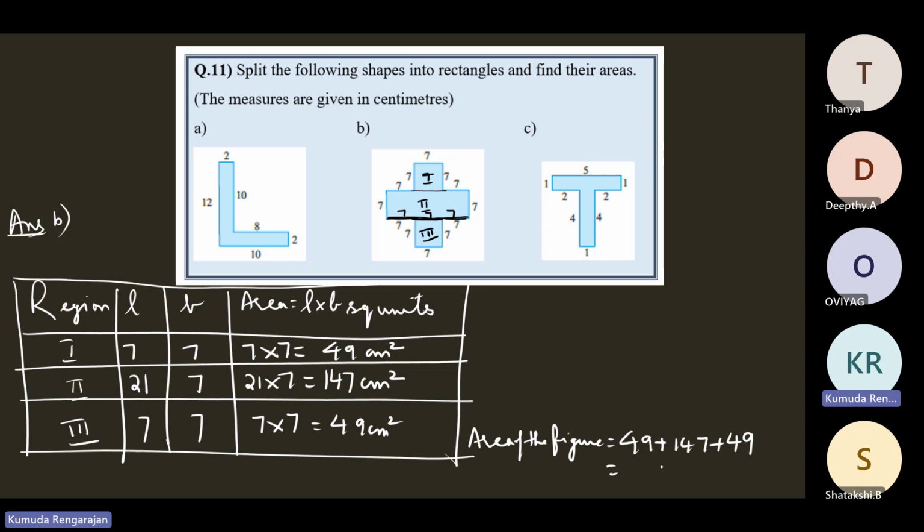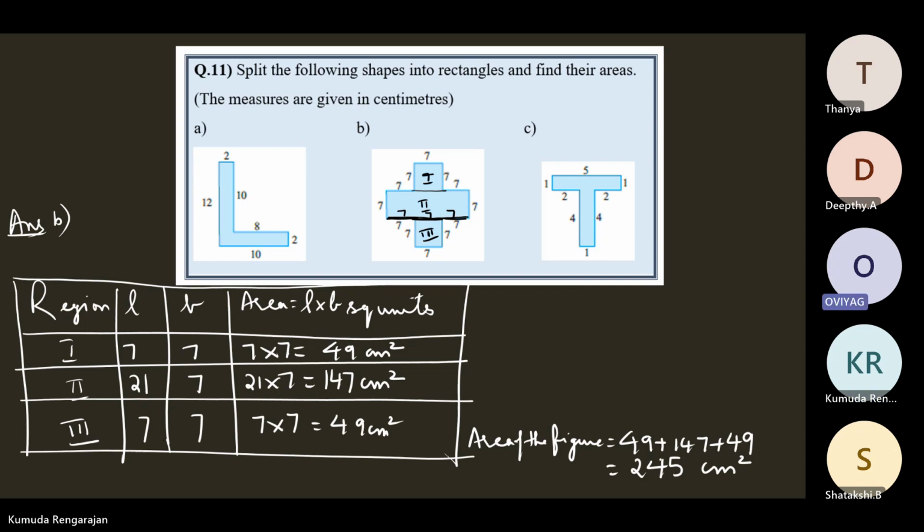Yes, darling, you're right. So what's the answer? 245 centimeters square, ma'am. Very good, Satakshi. The total is right, no? 49 and 49 is 98, plus 147, 245. Yeah, 245. Correct. Very good, Satakshi. Well done. Thank you, ma'am.